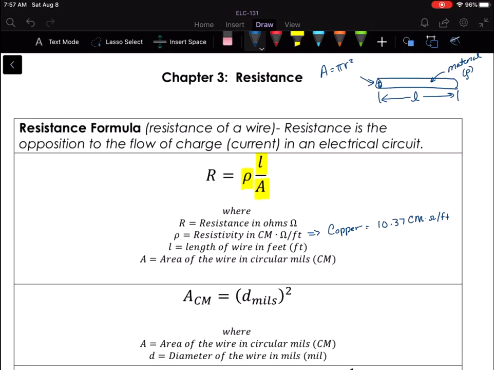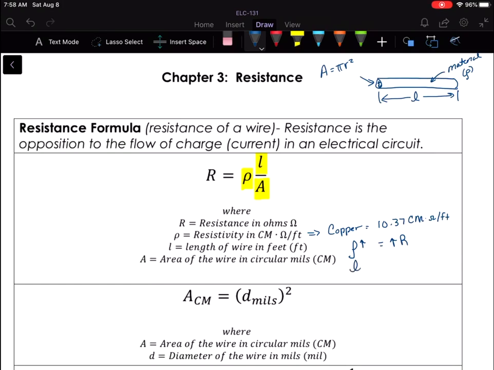And what that means is as we increase the resistivity of the material, we are increasing the resistance.